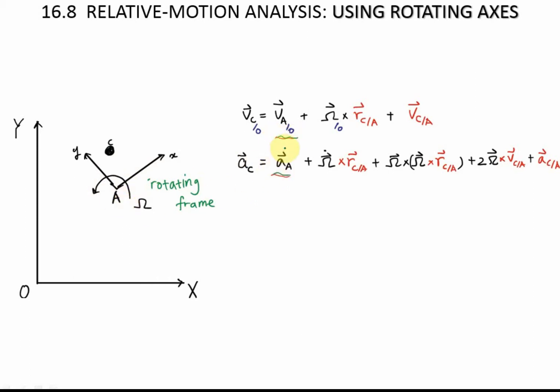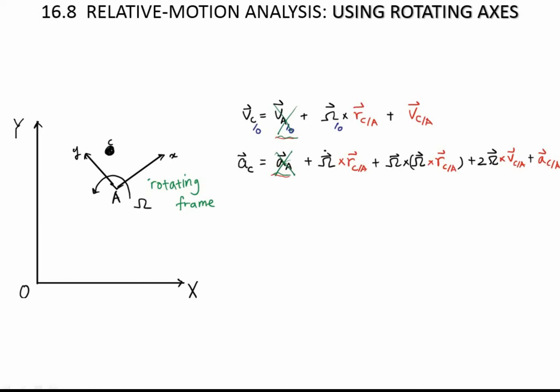That's why I have to include that. However, if your rotating frame is aligned with O, then your first term will just be 0, okay? So in many cases, your rotating axis is aligned with the fixed frame, so we don't include a first term.